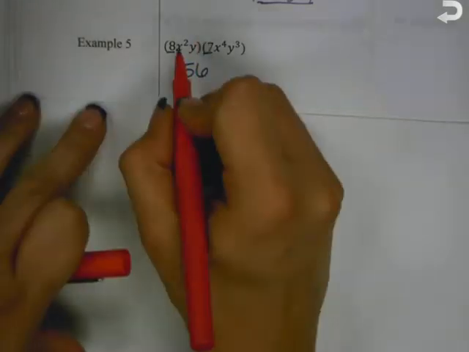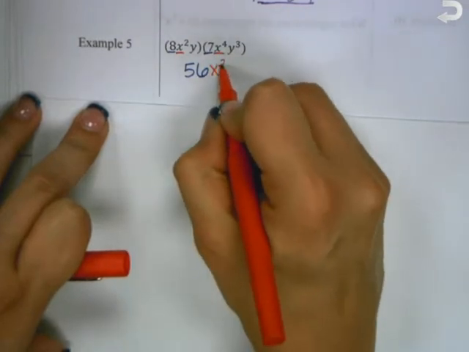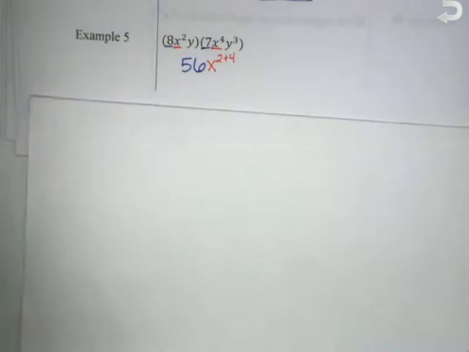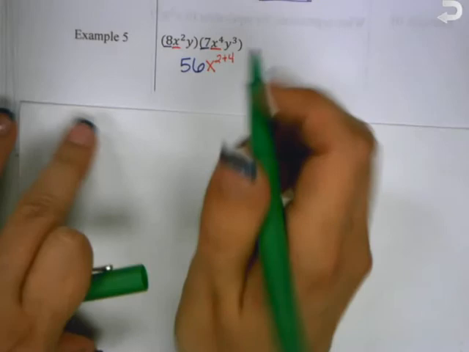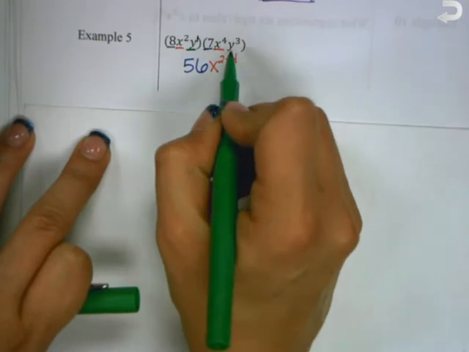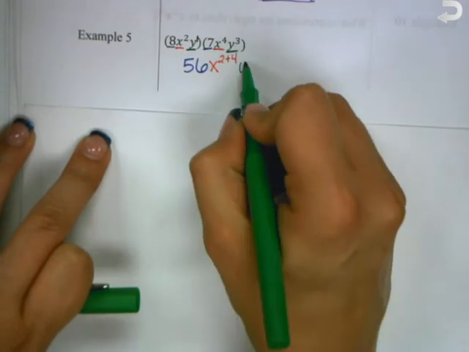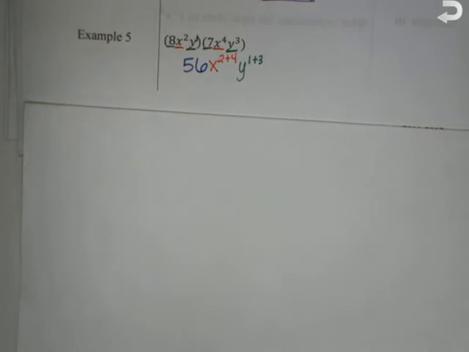And then what do I do with my y's? Same thing. Y by itself is the same as y to the 1 times y to the 3rd, so that would be y to the 1 plus 3. So we only combine the x's and we only combine the y's. So what would my answer be in this case, Alyssa? 56, x to the 6th, y to the 4th. Very good.